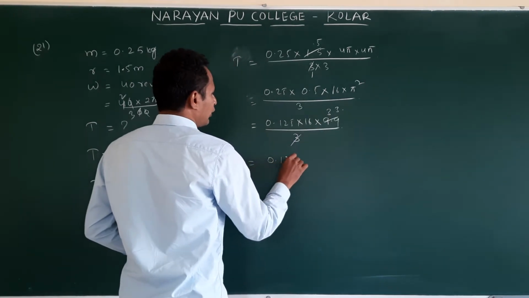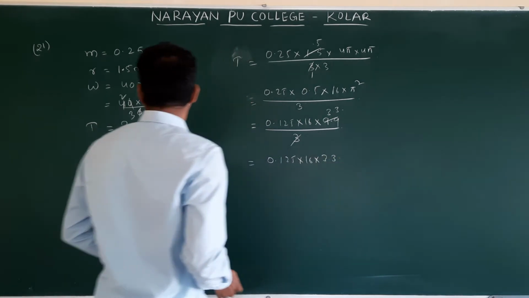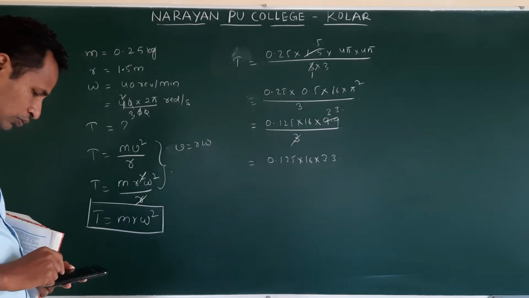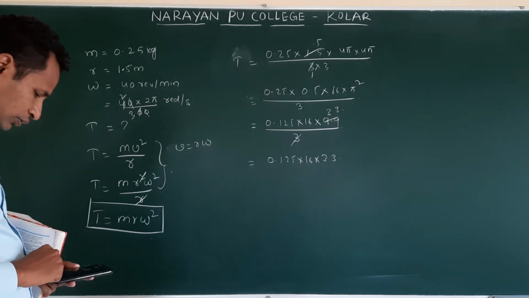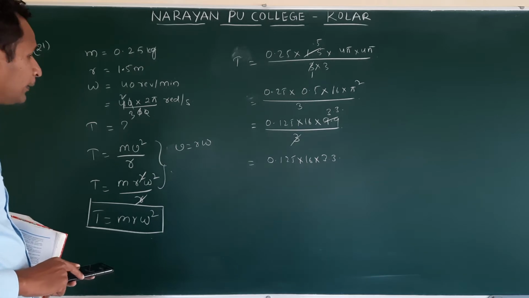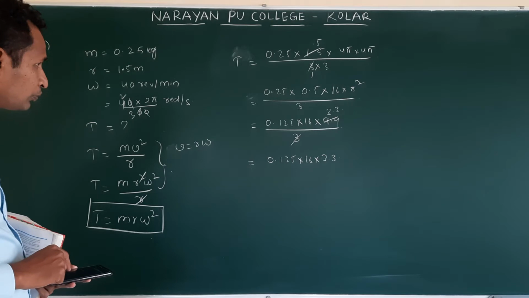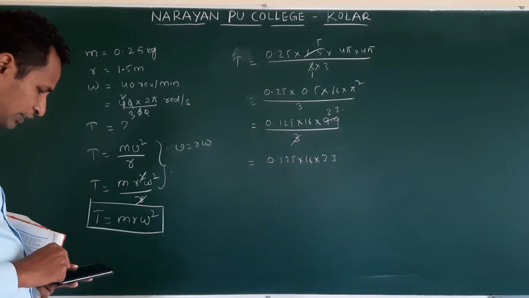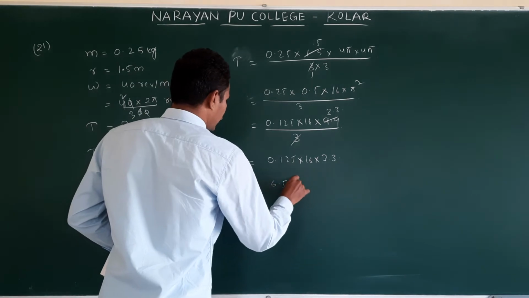So 0.125 into 16 into 3.3. Now I do the product. 0.125 into 16 into 3.3. It is 6.5 Newton.